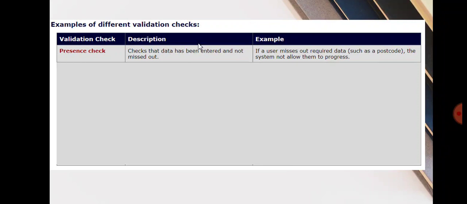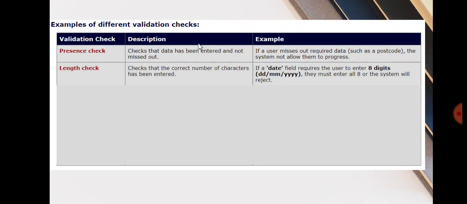If you had an address book, for example, you might know a person's address and not their phone number, or vice versa, so it would make sense to make those fields mandatory. On the other hand, it does not make sense to have an address book entry with no name, so you should check for the presence of the name as well. These are examples of presence checks where you have to enter some data.